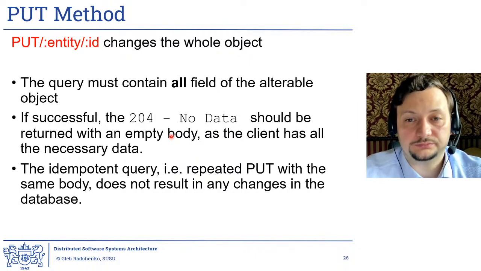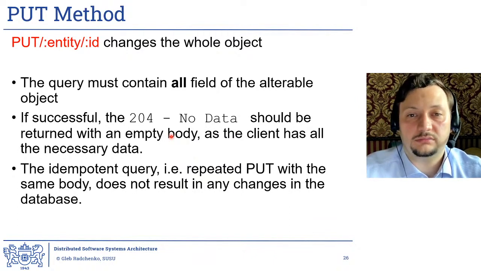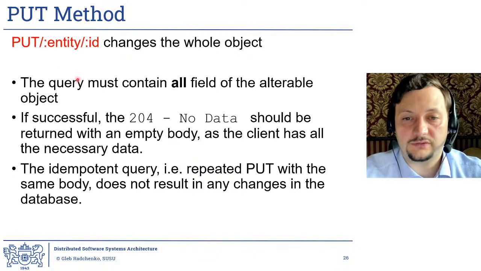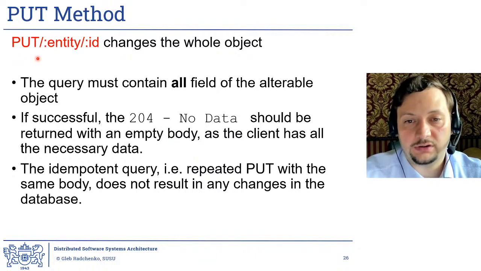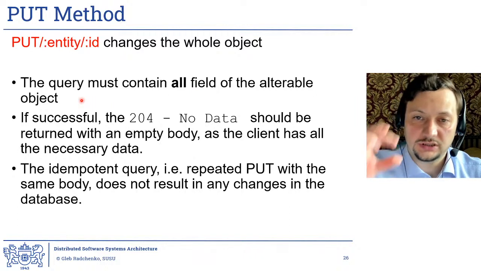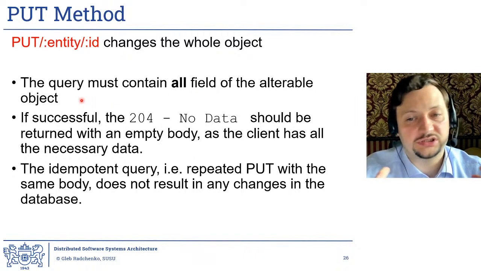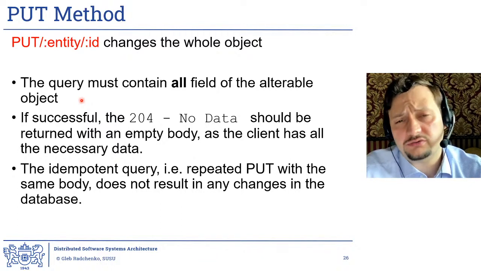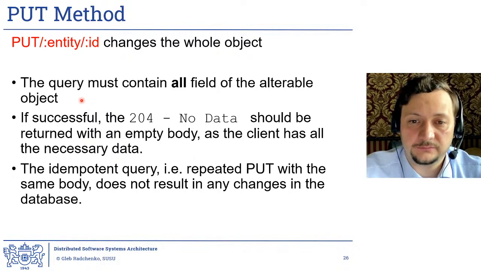Method PUT changes the whole object. When the client invokes the PUT method to the remote server, the client should put all the fields of the alterable object in the request. It can be a JSON representation, XML representation, or any other representation. It should be included in the PUT method.